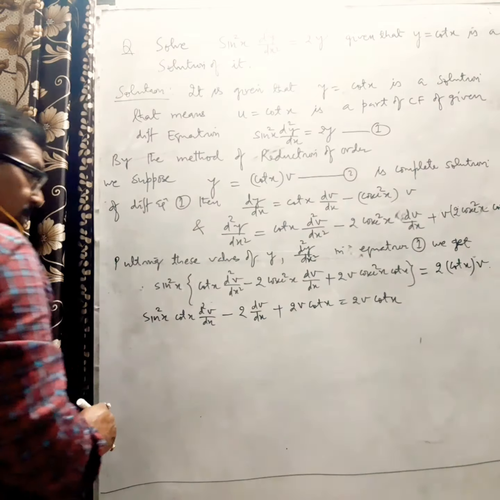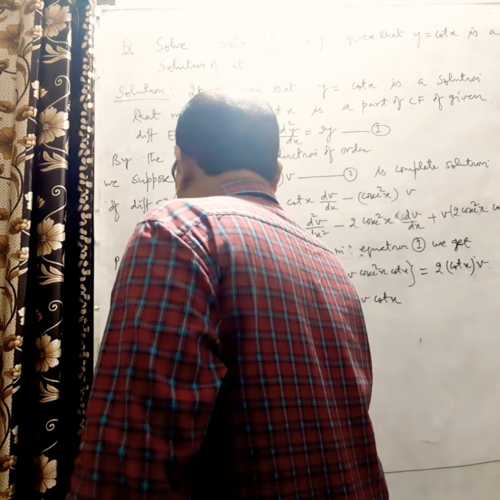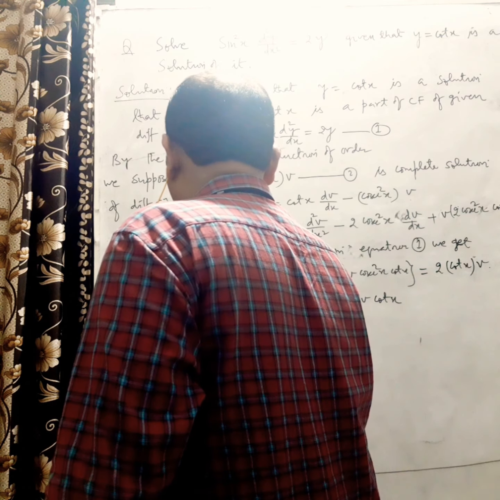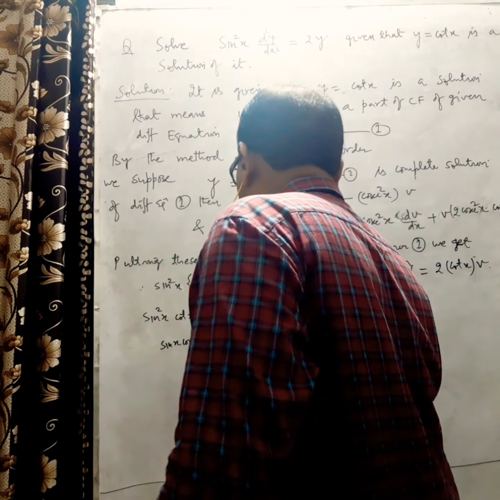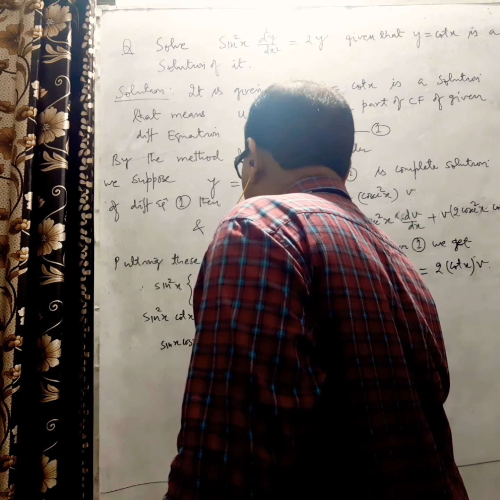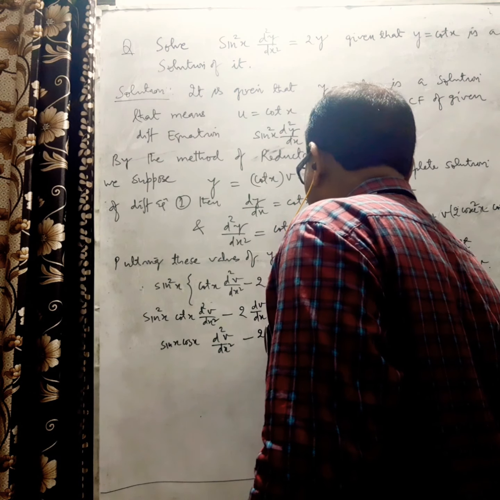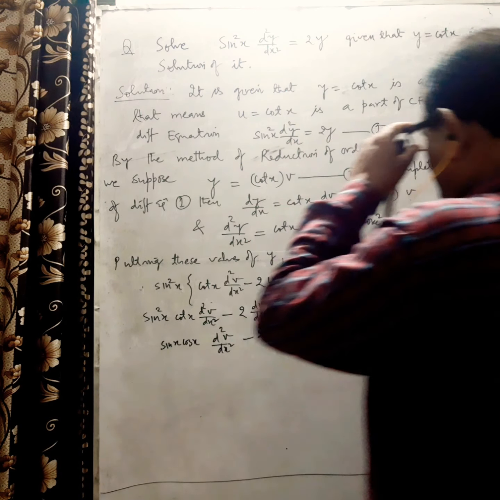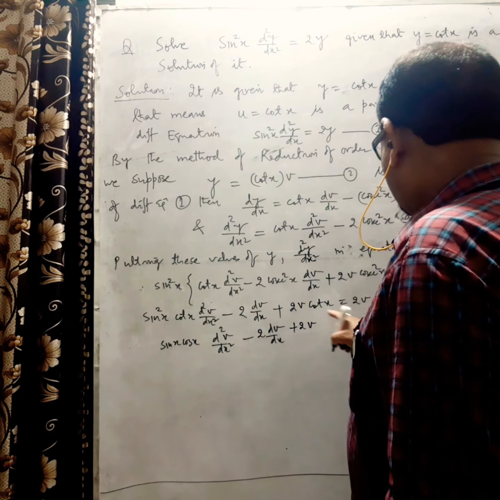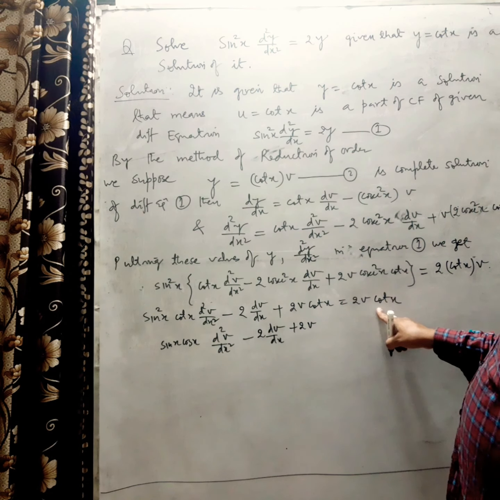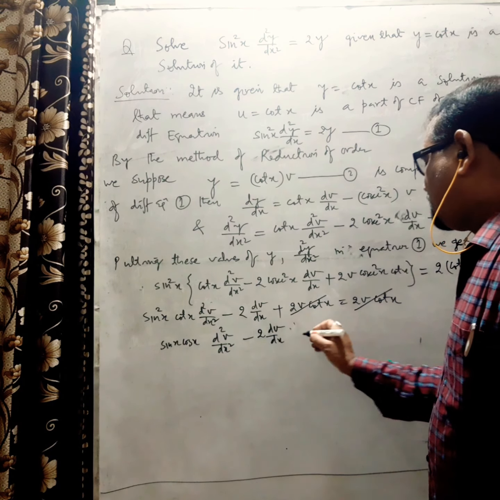After that, we get sin square x times cos x upon sin x, which is sin x cos x, d2v upon dx square minus 2 dv upon dx plus 2v cot x, and 2v cot x cancels on both sides, so it becomes 0.